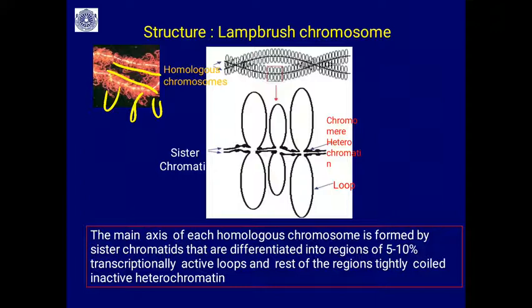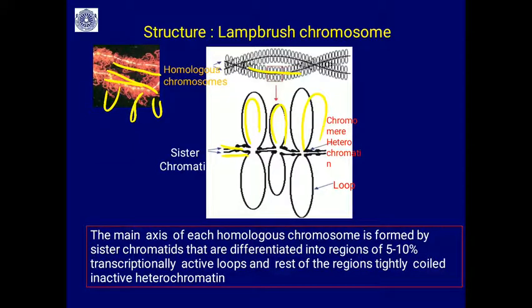From this main axis, each homologous chromosome is formed by sister chromatids. There are two chromatids per chromosome, due to the replication that occurs before meiosis. These two chromatids per chromosome form the lateral looping.